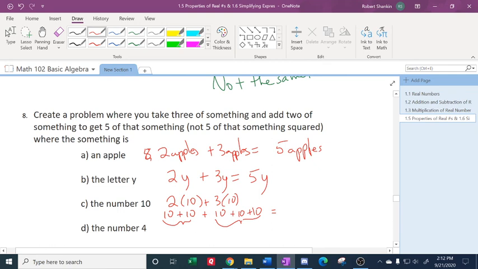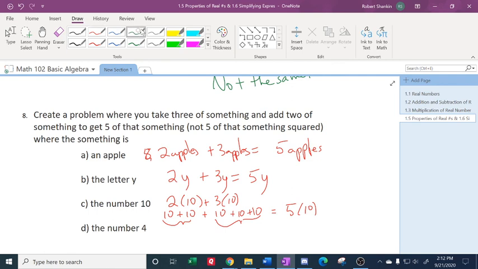And then, how many 10s are there altogether? 5 times 10. The answer is 50, not 5 times 10 squared. That would be 500.